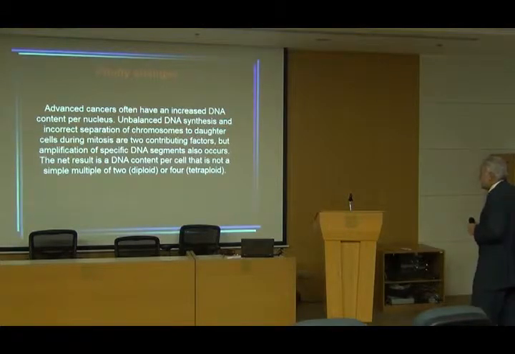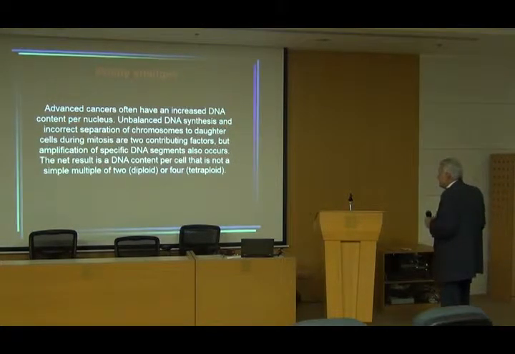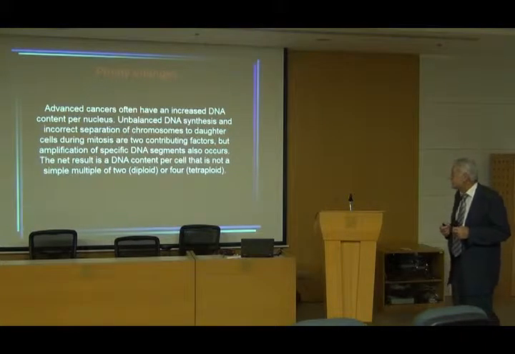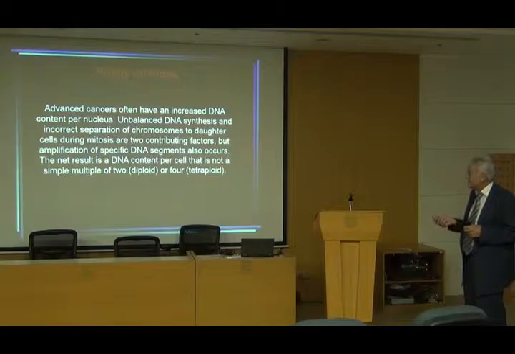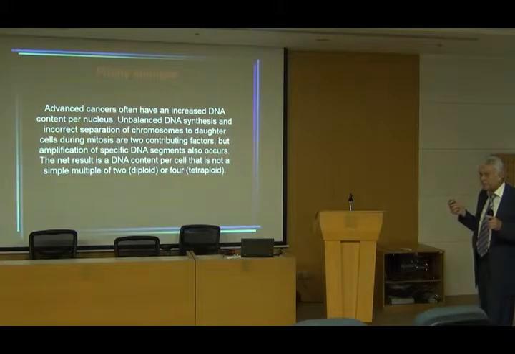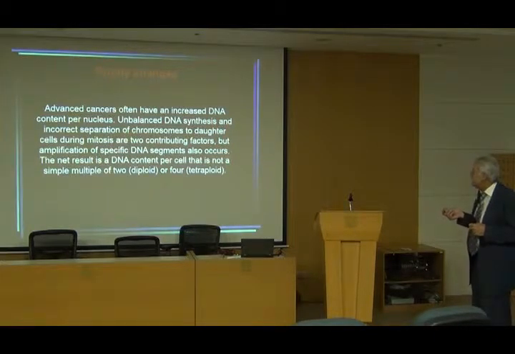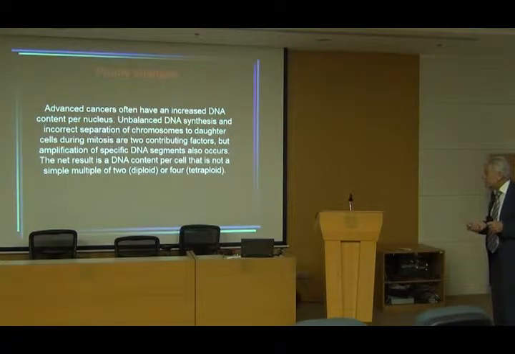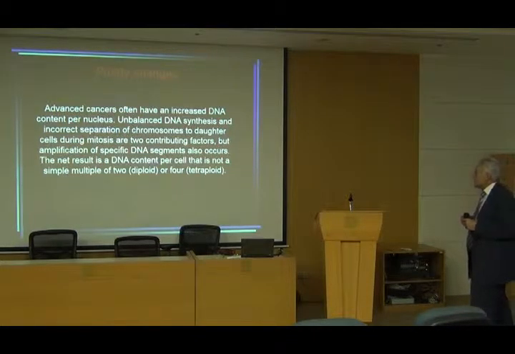And ploidy changes: advanced cancers often have an increased DNA content per nucleus, that means more than 5.8 picogram. Unbalanced DNA synthesis and incorrect separation of chromosomes to daughter cells during mitosis are two contributing factors.